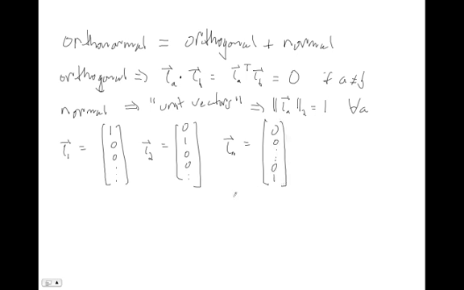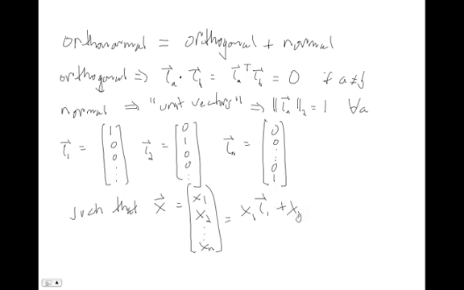Such that this x vector, which is going to equal x1, x2, all the way down to xn, is going to equal just x1, which is a scalar, times I1, plus x2 times I2, all the way to xn times In.